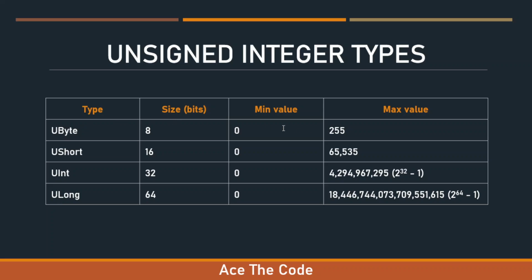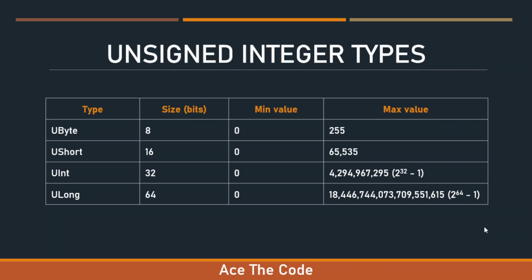Okay, so ranges are 0 to 255 for UByte. For UShort, it is 0 to 65,535. For UInt, it is from 0 to 2 raised to 32 minus 1. For ULong, it is going to be 0 to 2 raised to 64 minus 1.